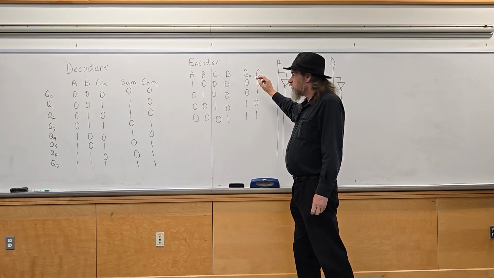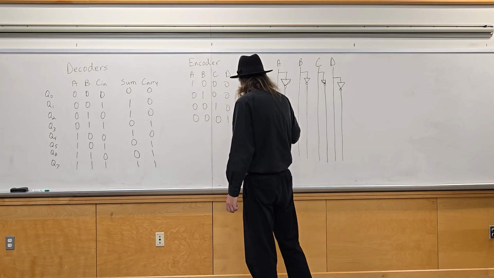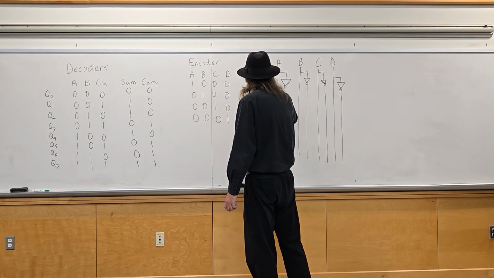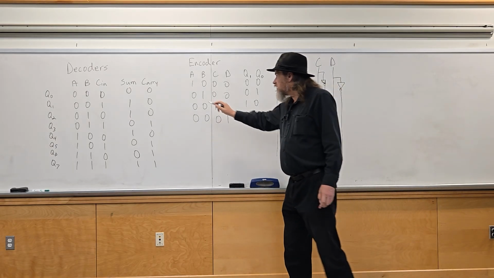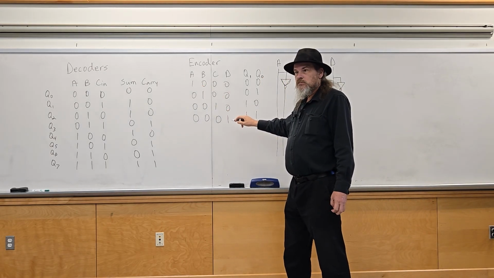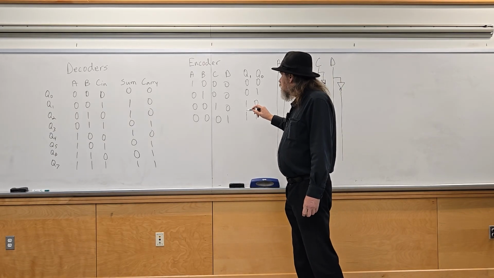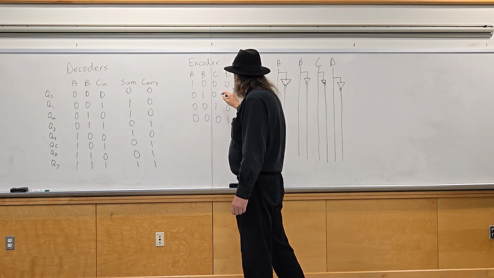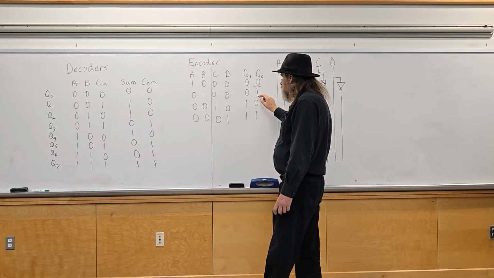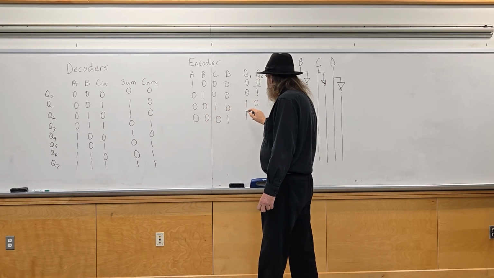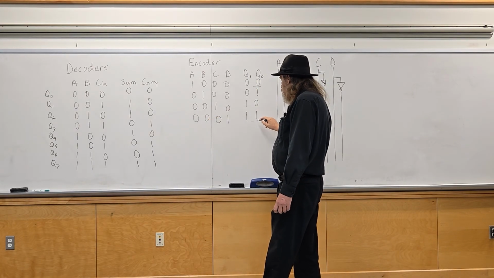Those are the desired outputs, Q1, Q0 (actually it should be reversed): the two-digit binary number that corresponds to the high input. Because this is in the 0 position, it would be 0. The 1 position is 0, 1. The 2 position is 1, 0 for 2, and in the 3rd position, 1, 1 or 3.